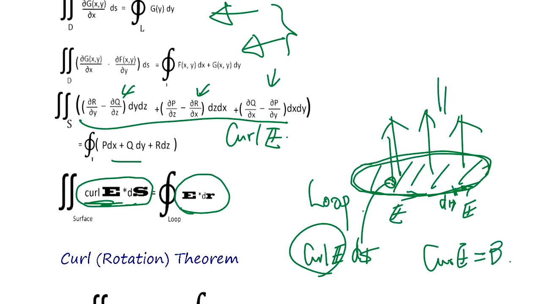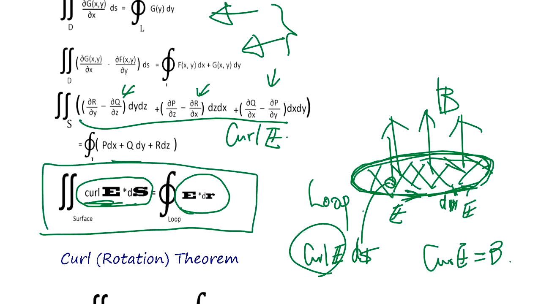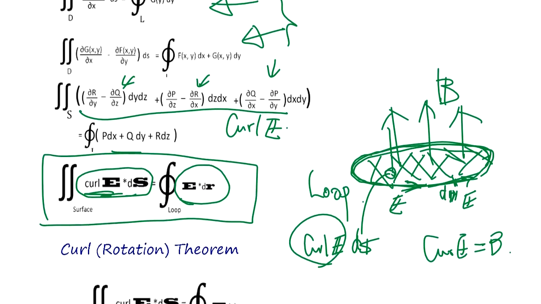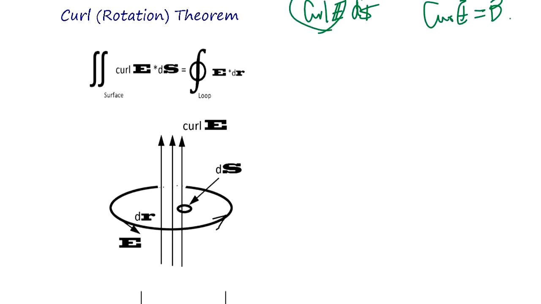So the total amount of magnetic field inside the closed loop is related to the electric field circling around the enclosed surface. That's the integral equation about the curl.